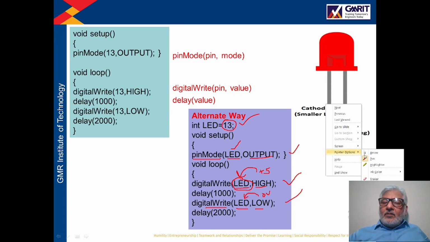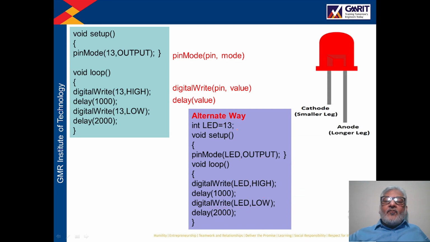Now if I want to connect this LED to pin number 12, what will I do? In the first statement, int LED is equal to 13, in place of 13 I will write 12. That's all. I have to modify this program at only one place, whereas in the previous method I have to modify my program at 3 places.